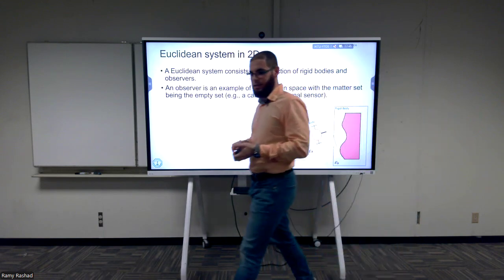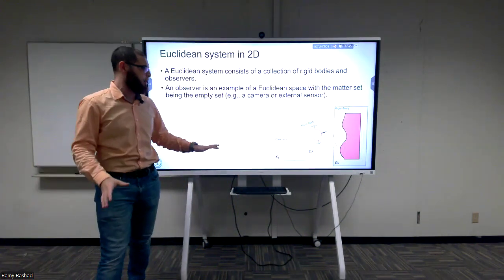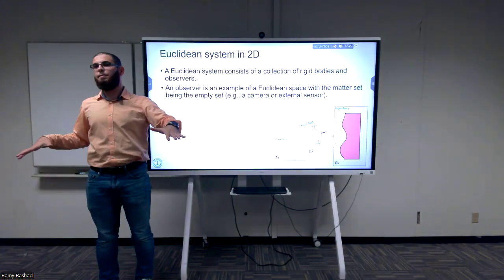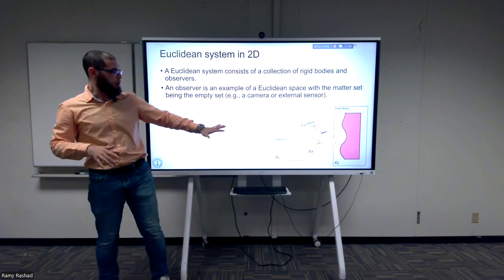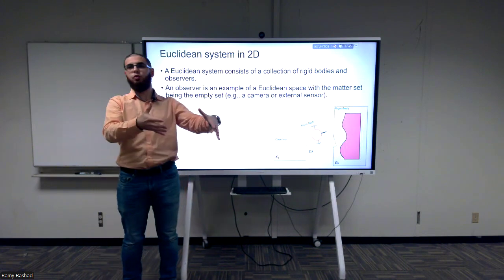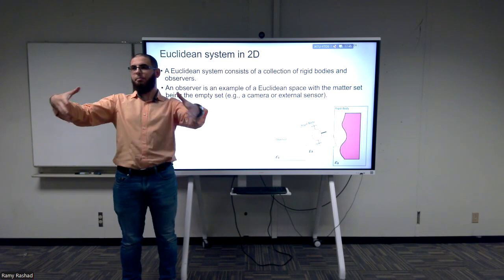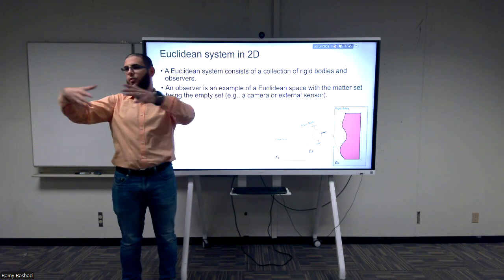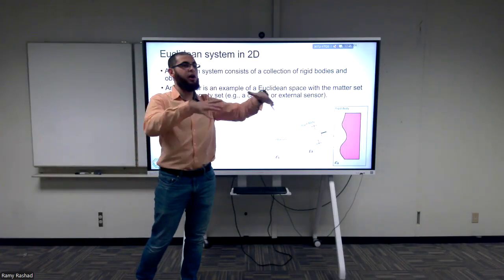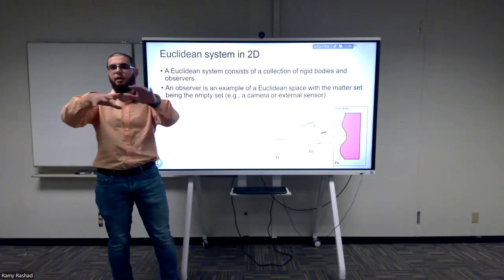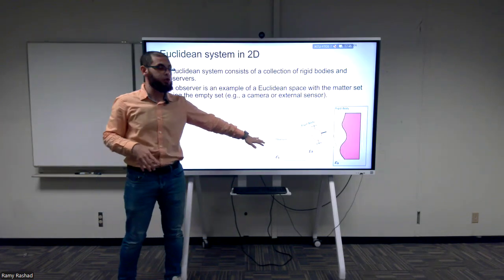What is a Euclidean system in 2D? The Euclidean system is simply a bunch of these Euclidean spaces, all of them overlapping with each other. So you can have a rigid body that corresponds to your robot. Again, it can be one rigid body or can be multiple rigid bodies connected to each other. But this is just an example of one rigid body. The environment itself that this robot is interacting with can be another rigid body. You can also have observers.